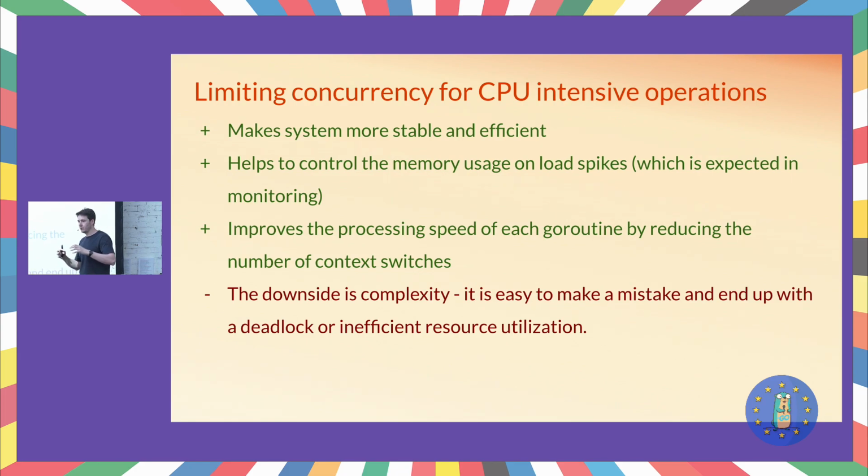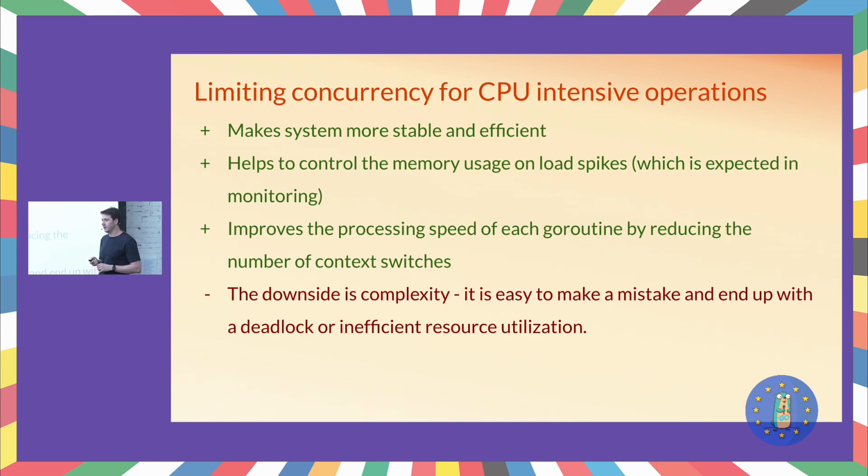If you don't spawn thousands of goroutines for doing CPU-intensive work, and spawn only a limited number, usually equal to the number of CPU cores your machine has, you will reduce the probability of context switches. And context switches are a thing which can consume extra resources and spend time not doing efficient work.